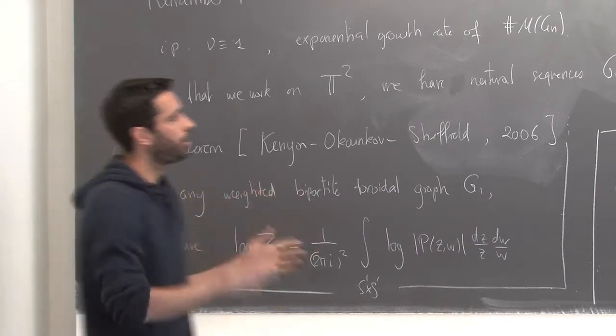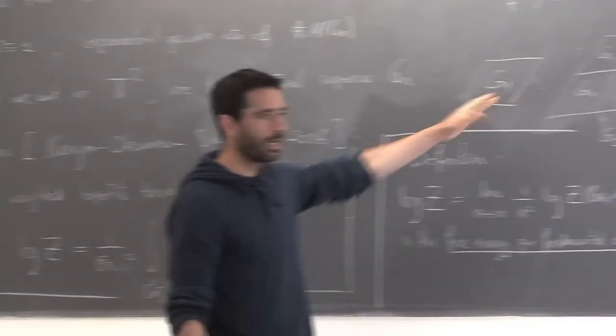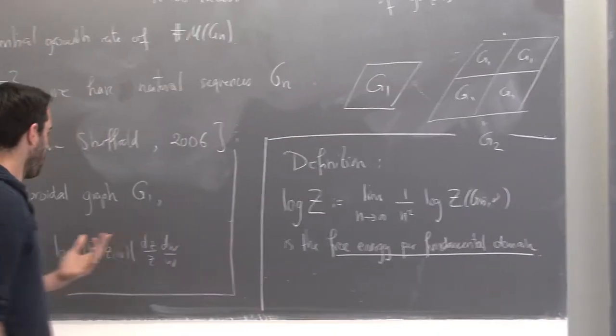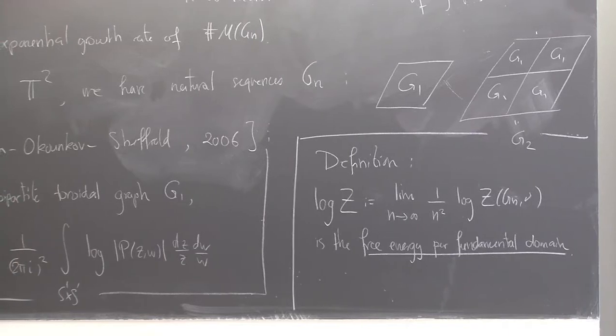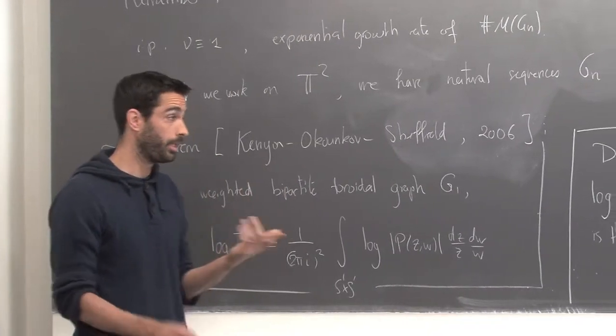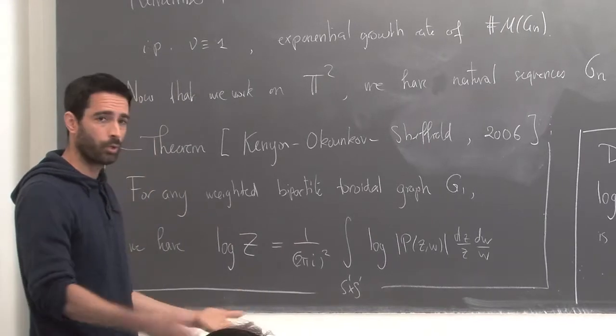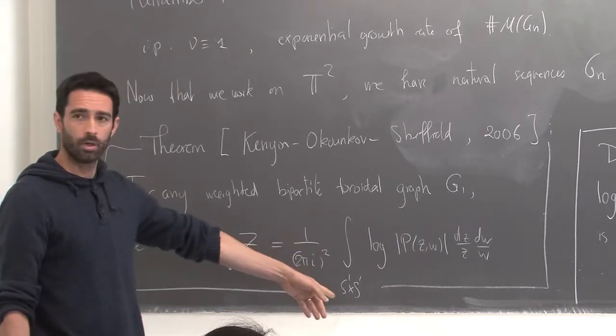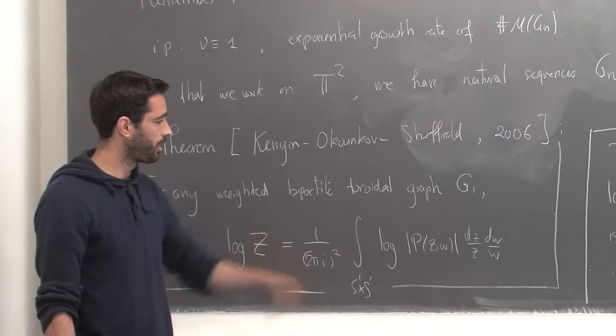So it means you start with your G1, which again is just a finite amount of information. With this G1, you compute the characteristic polynomial in the same way we did last time, and you did in homework. You have this polynomial. Well, you make the double integral over the unit torus of this thing, and that's the free energy.